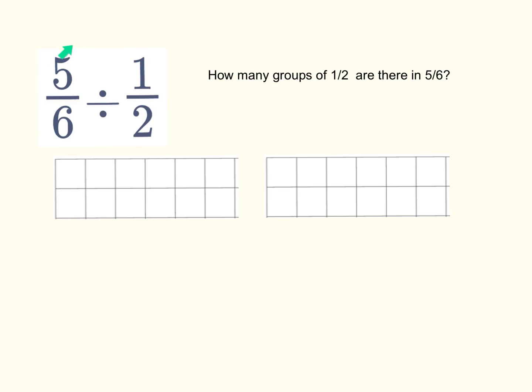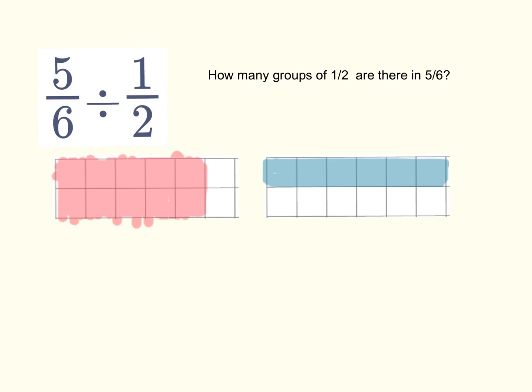So let's model 5/6. Okay, so now I have 5/6 here. I just shaded in 5 columns, 1, 2, 3, 4, 5 out of 1, 2, 3, 4, 5, 6. So 5/6. And then for 1/2, I'm just going to highlight one whole row here like that.